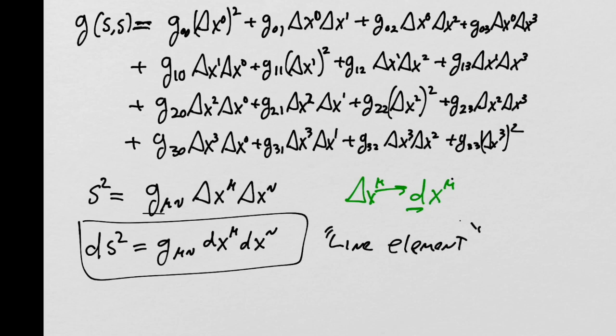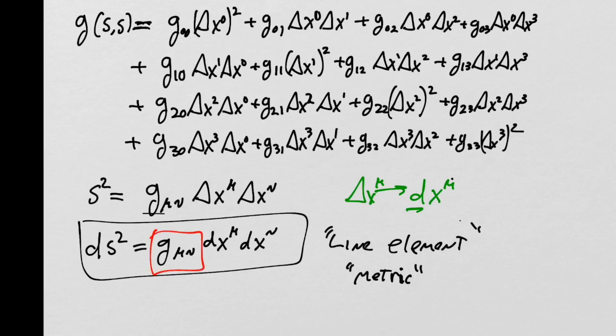And the line element is often used synonymously with metric in the language of the business, and in the catalog of spacetimes it does that as well. The reason is that if you know the line element, you can immediately extract the metric components.